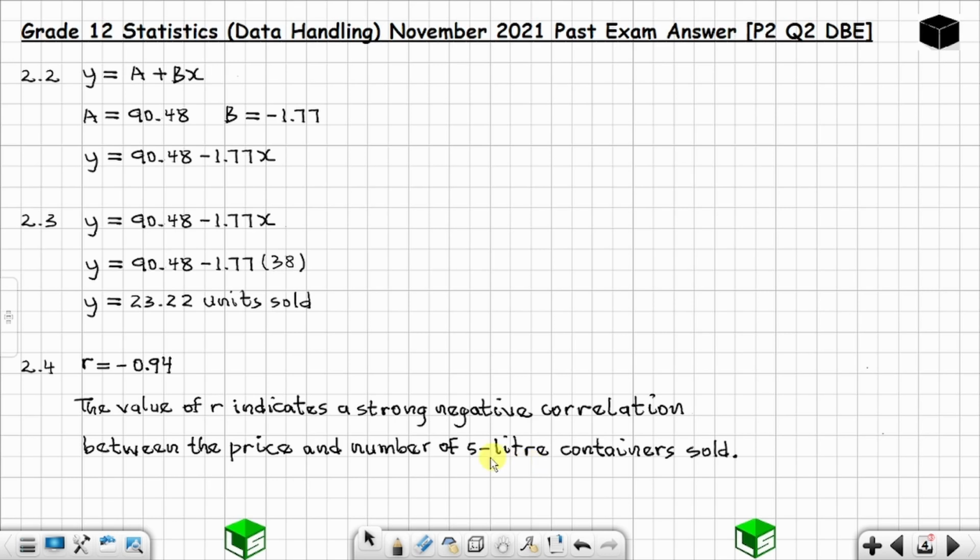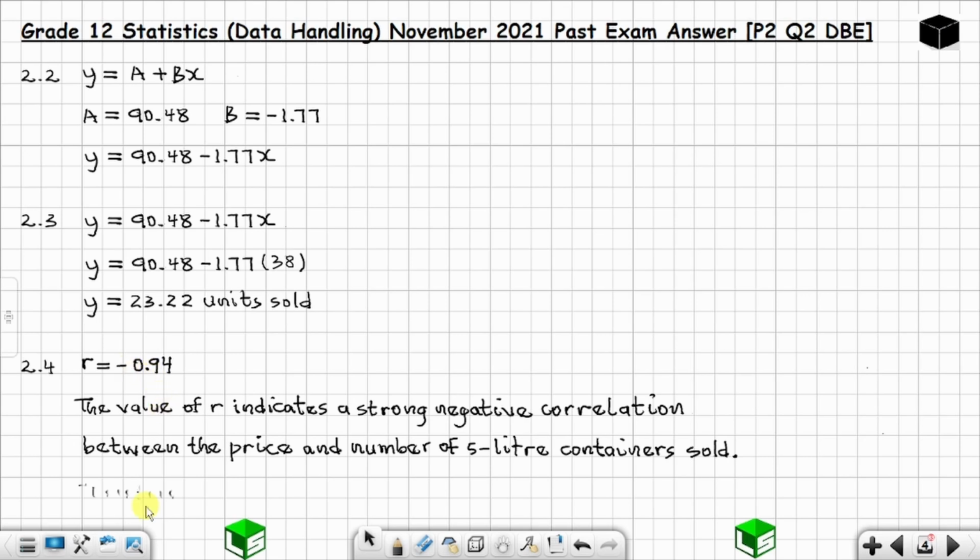So there is a strong correlation which is negative between the price and the number of 5-liter containers sold, because this is very close to -1. Okay, so if you have -1, it means you have a perfect correlation. Since this is very close to -1, we'll say that there is a strong negative correlation. If it was -1, we'll say there is a perfect negative correlation.